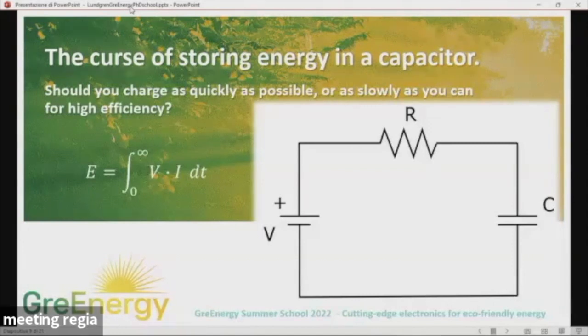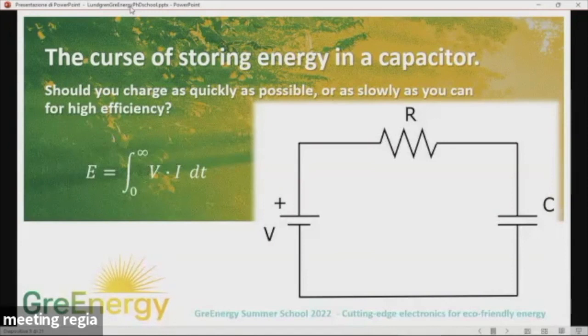So in principle, we can say that perhaps we can have some kind of DC-like signal on the left-hand side, and on the right-hand side, we will have a capacitor, and we definitely need to push that charge through some kind of resistance unavoidably. Should we do it as quickly as possible or as slowly as we can if we want to maximize efficiency?